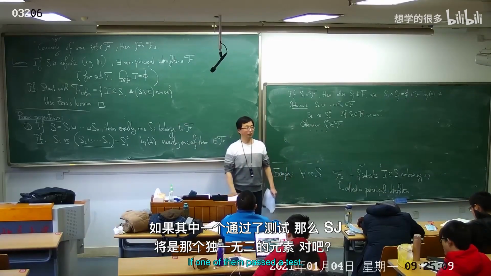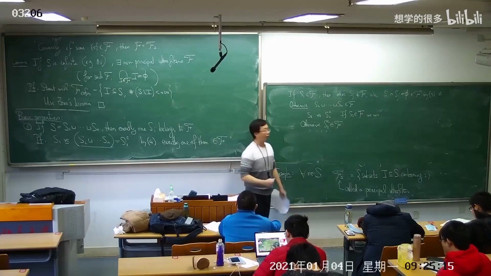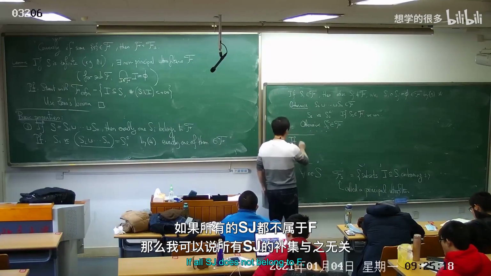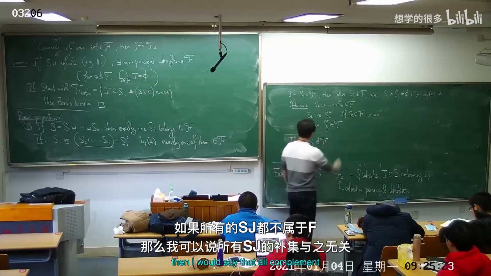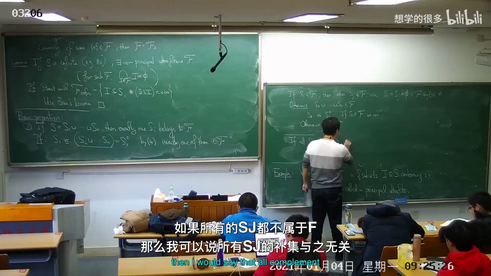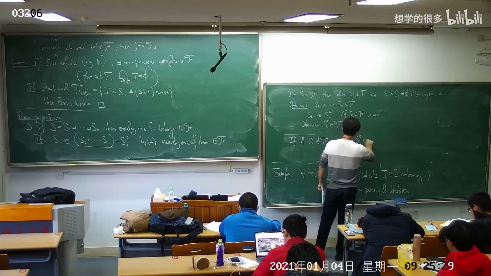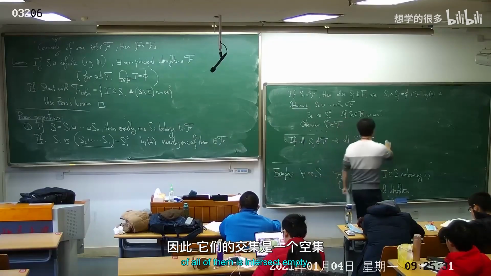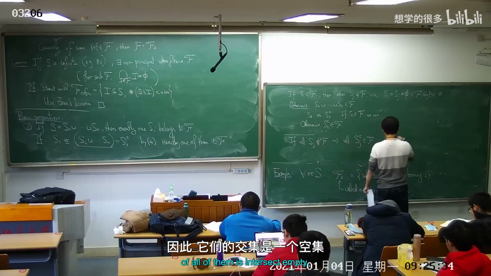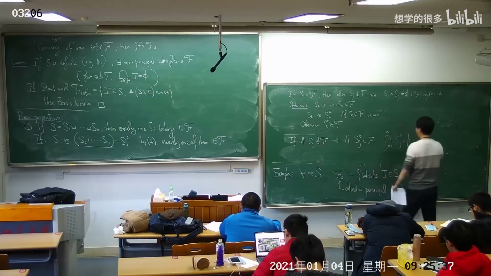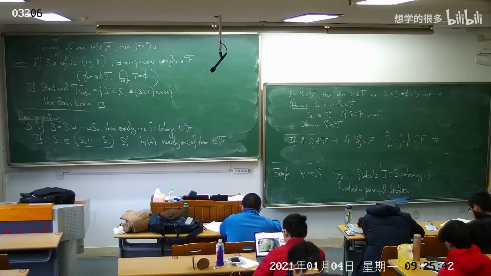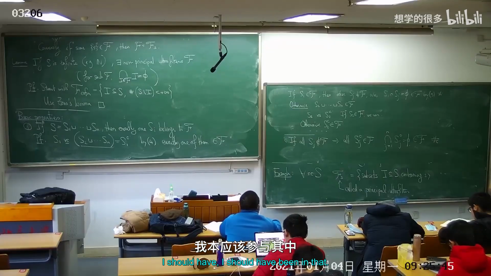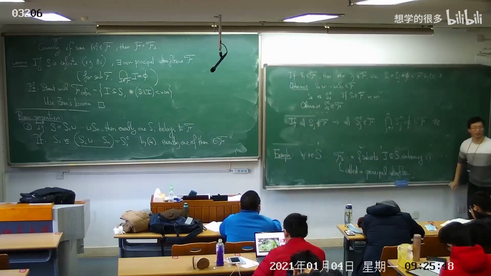If one of them passes the test, then that Sj will be the unique element that belongs to F. If all of them fail, if all Sj do not belong to F, then all the complements of Sj belong to F. And then the intersection of all of them is precisely empty, so that's in F. Again, I got a contradiction. That's good.